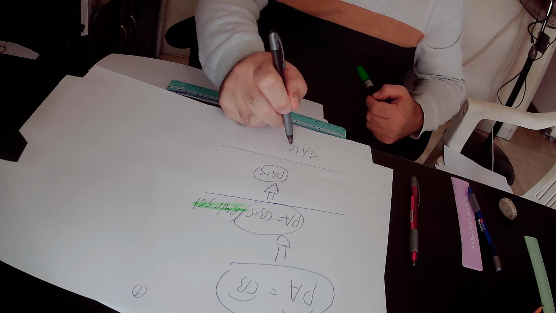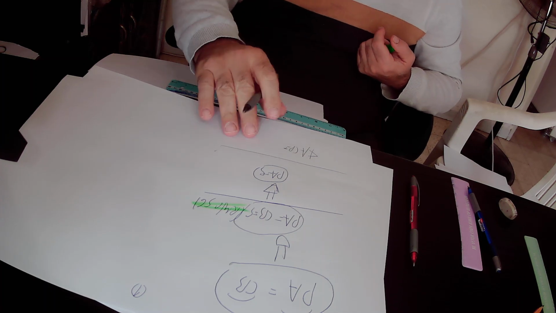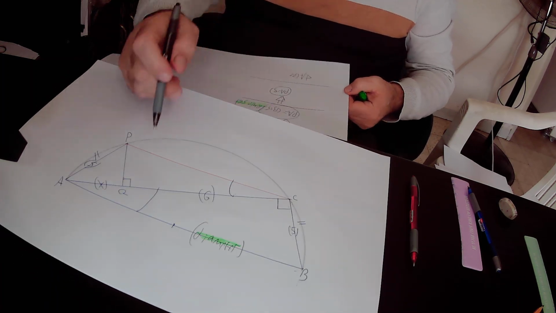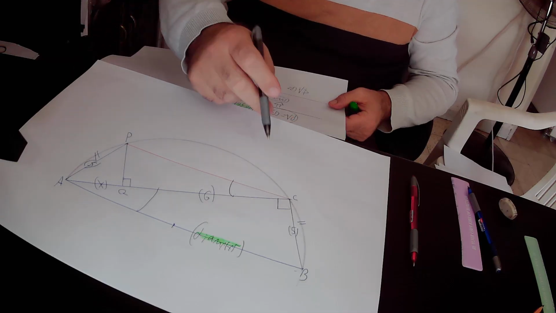Triangle ACP is equal to this triangle CAB.